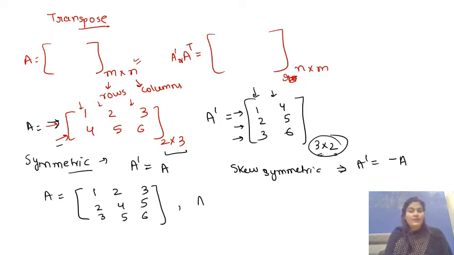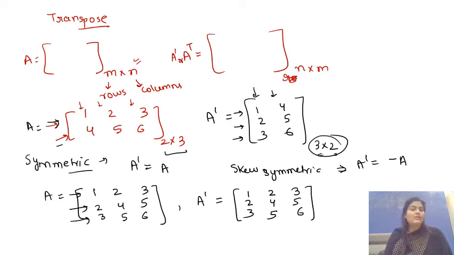To find the transpose: the first row becomes the first column, the second row, 2, 4, 5, becomes the second column, and the third row, 3, 5, 6, becomes the third column. You can see that these elements are exactly the same as those in matrix A. That means this is a symmetric matrix.